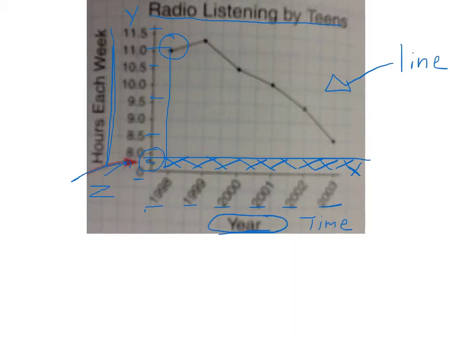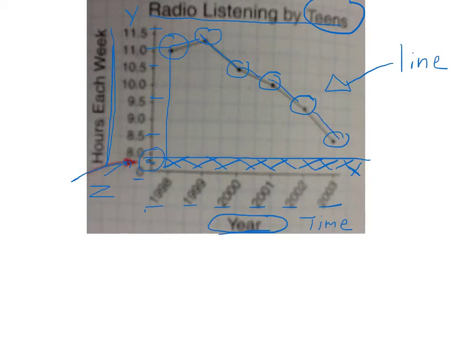That gives you, in 1998, 11 hours listened to the radio each week by teenagers. These are called our plots. So we plot them down. We figured it out through a survey, and then we connected our plots together with a line, just like that.